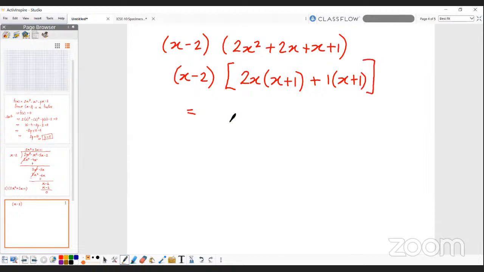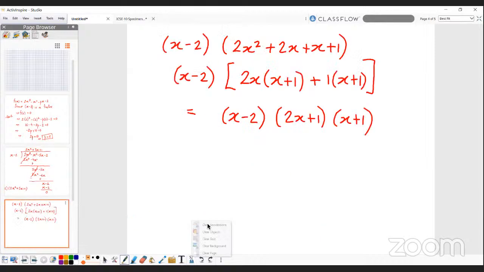So finally, you will get your answer as x minus 2 into 2x plus 1 into x plus 1. I hope it's clear to everyone. Some of you sent the answer also, which is correct. Aman, you got the same answer? Okay.